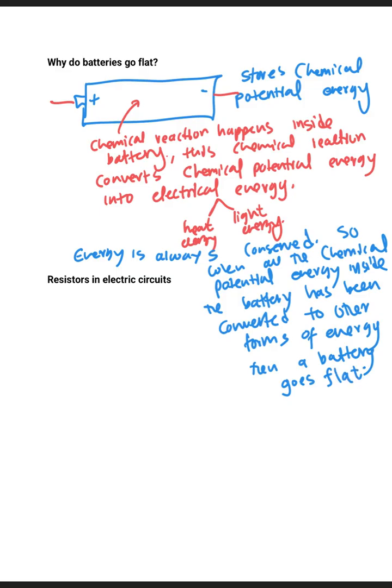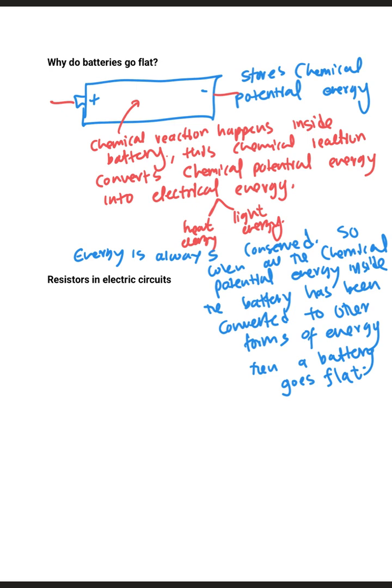So when all the chemical potential energy inside the battery has been converted to other forms of energy, which can be heat or light or others, then the battery goes flat.